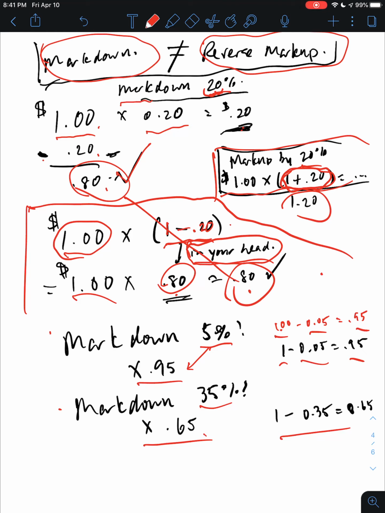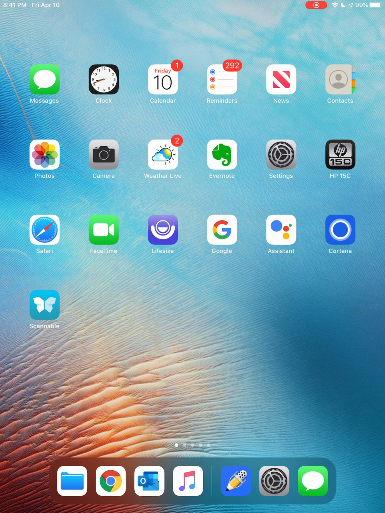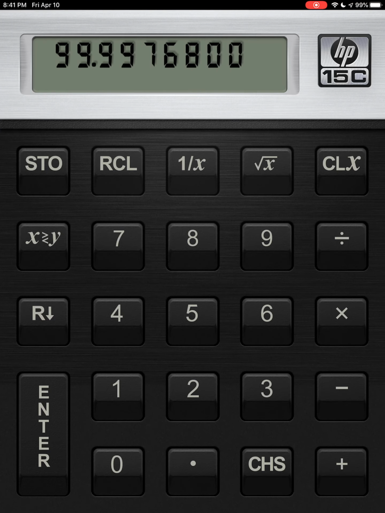So suppose I had something that cost $49.99 originally, and I did a markdown of 35%. The resulting price would be, let's do the calculation, $49.99 marked down by 35% would be $32.49.